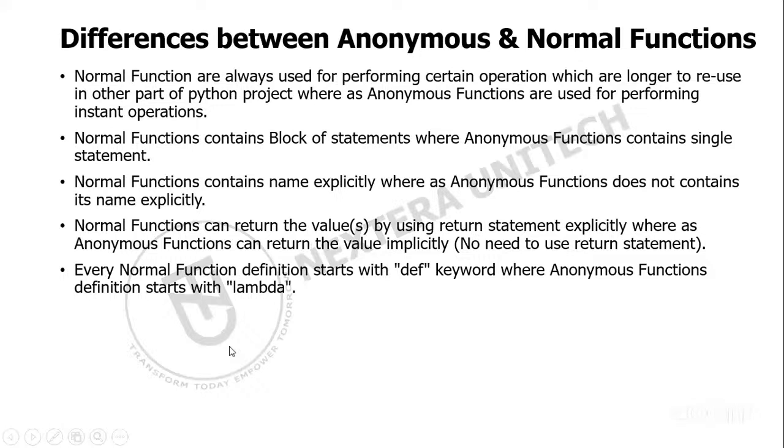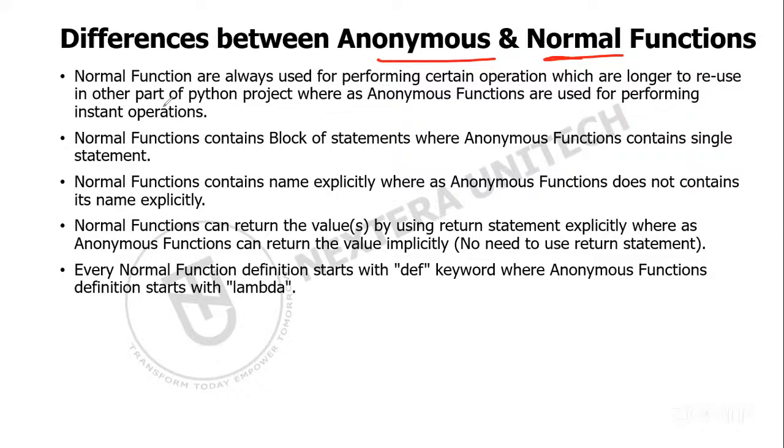Let us understand the differences between lambda functions and the normal functions. We'll quickly cover the differences. What are the differences that we have between normal functions and lambda functions or anonymous functions?